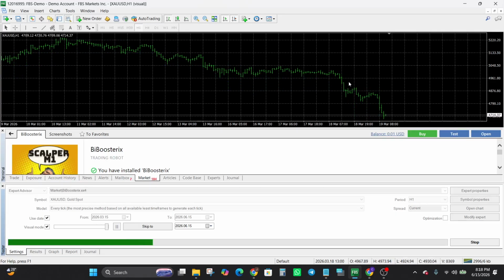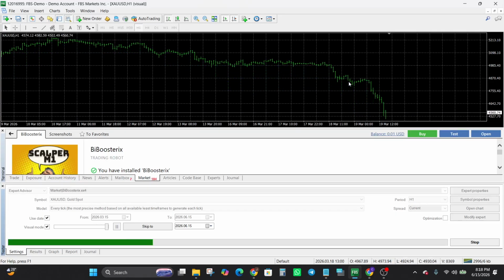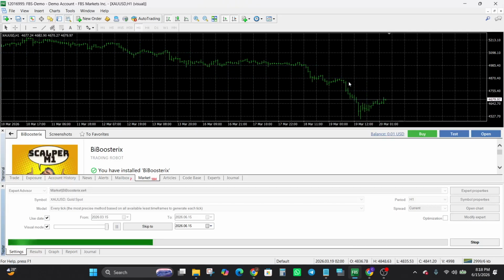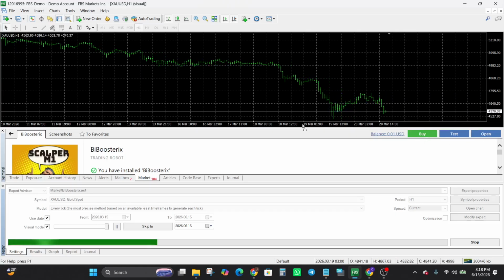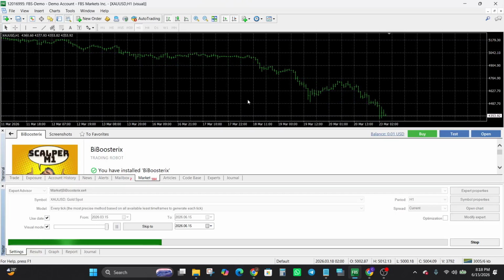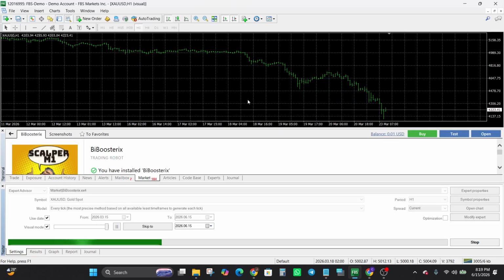As for the historical testing performance, it is important to remember that backtest results represent past market conditions only and should not be viewed as a guarantee of future outcomes.